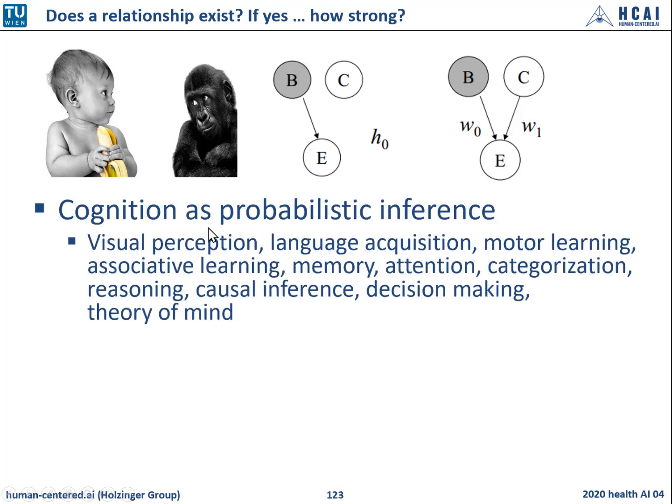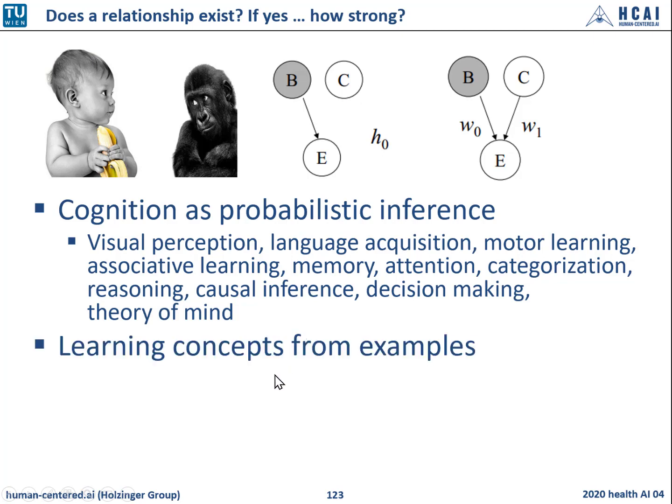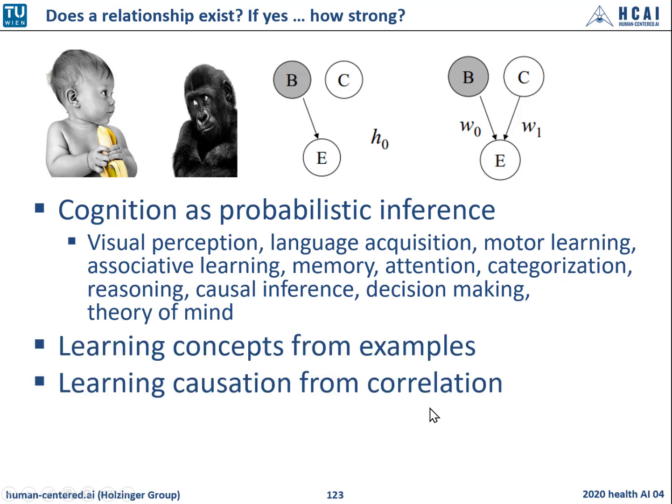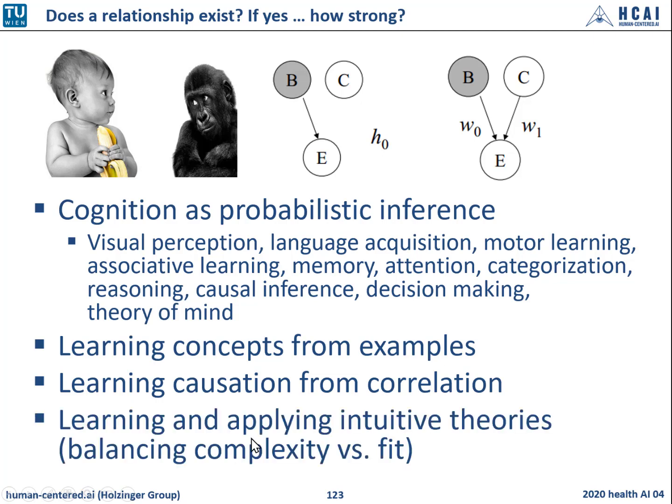Cognition can be seen as probabilistic inference in visual perception, in language acquisition, in motor learning, associative learning, memory, attention, categorization, reasoning, causal inference, decision making, and theory of mind. So causality, learning concepts from examples, learning causation from correlation, learning and applying intuitive theories, balancing complexity versus fit.